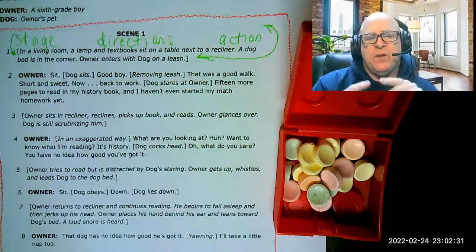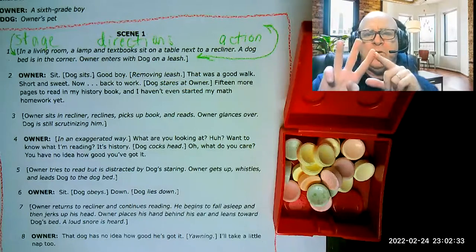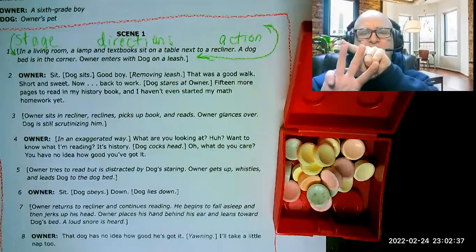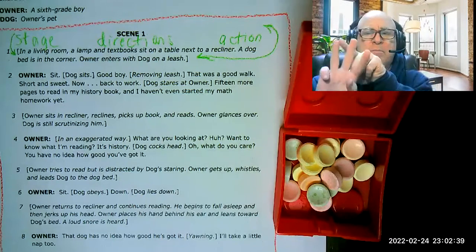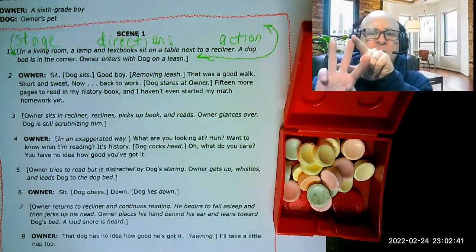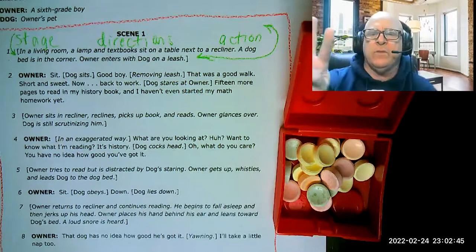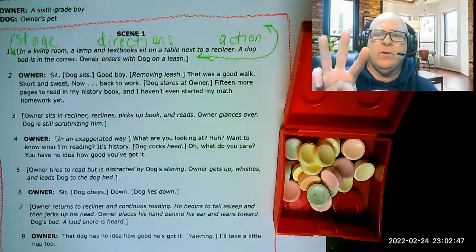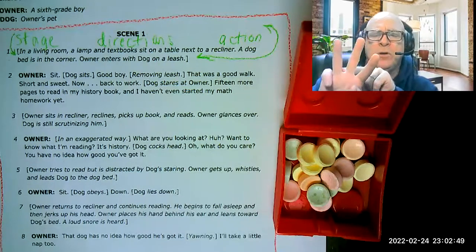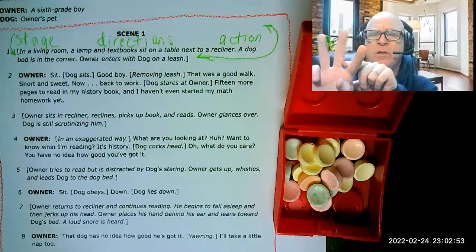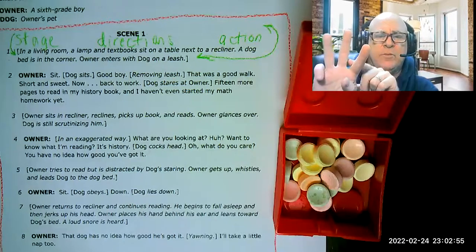So comma series, three: the owner gets up, comma, whistles, comma, and leads dog to the bed. So you got the owner doing three things, then you would typically put two commas, what they call here the Oxford comma. Okay.